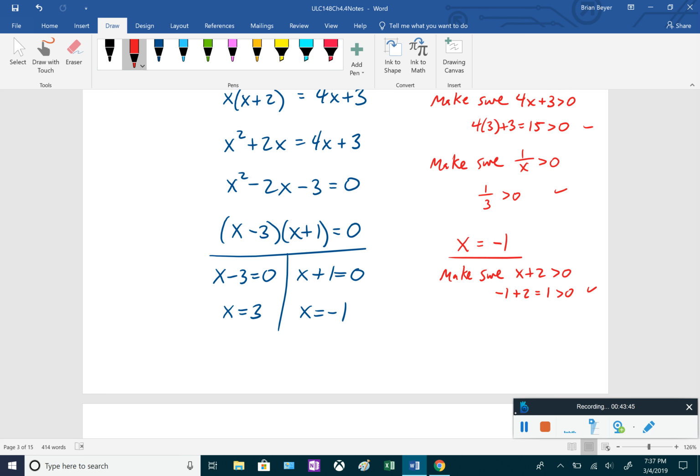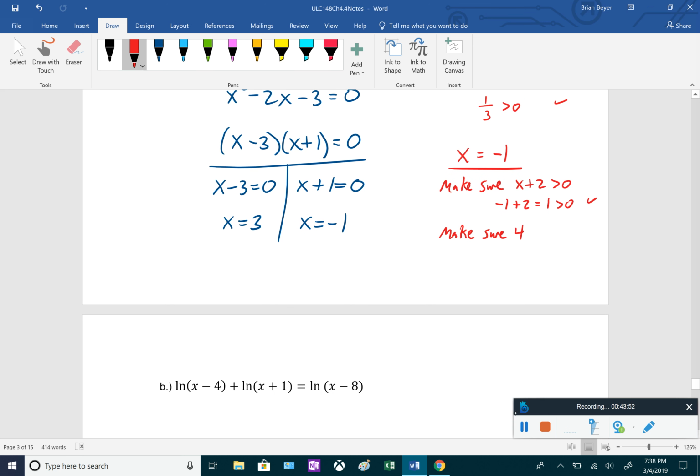For the next one, we're going to make sure that 4x plus 3 is positive, but that's 4 times negative 1 plus 3, which is negative 4 plus 3, which is negative 1. That is not positive, so we have to omit x equals negative 1. So that's not a solution. So we cross it off, and we get x equals 3 as our only solution.